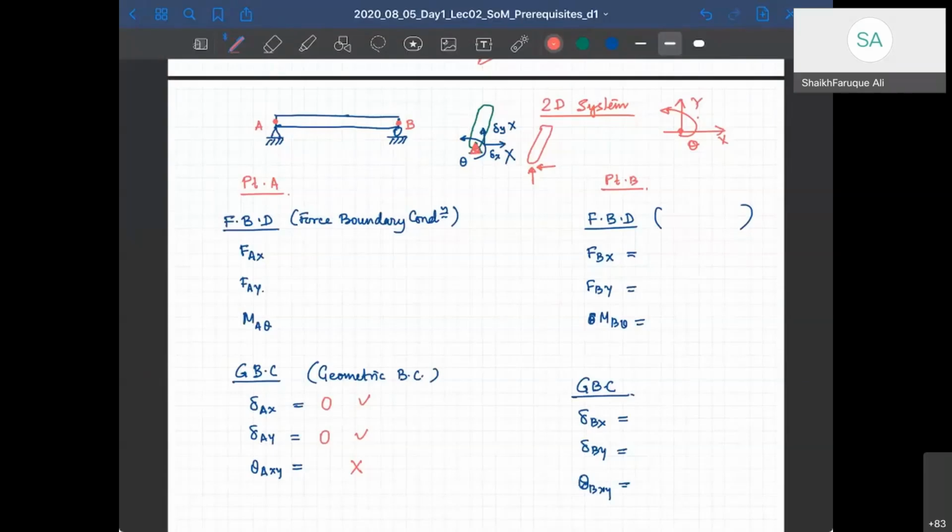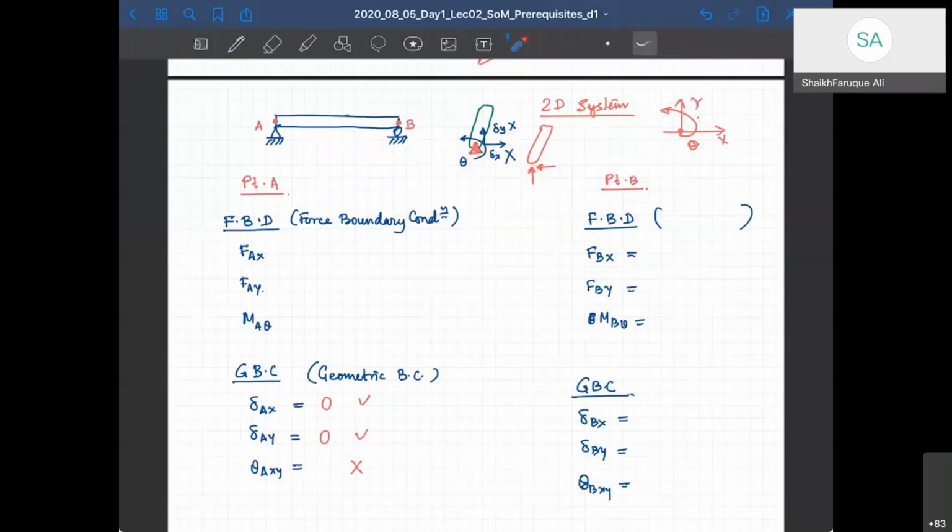Because if I pull that rod towards x, the rod is not going to move along x at this point. Therefore, somebody is holding it. And that force is generated by this support, and that is this one. Similarly, if I pull that rod up, the rod is not going to move up because somebody will hold it towards down, right? And that is this force by the support.